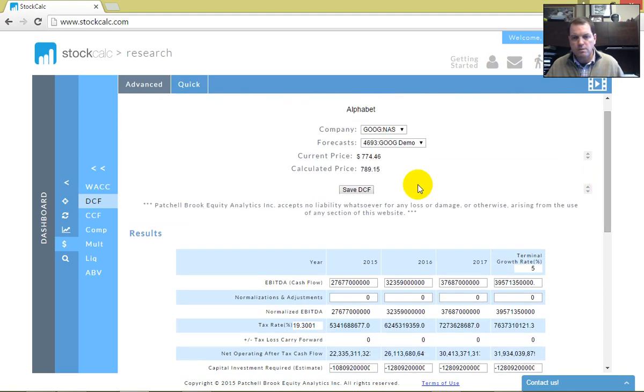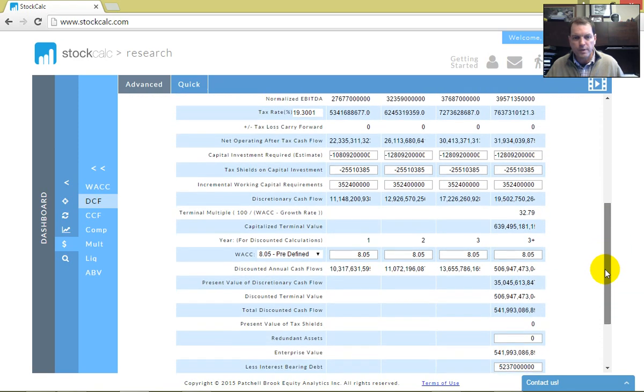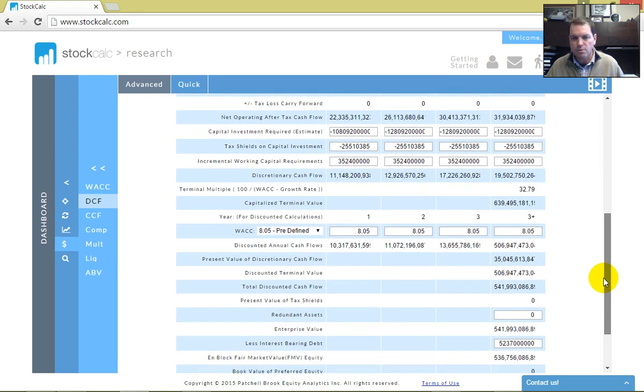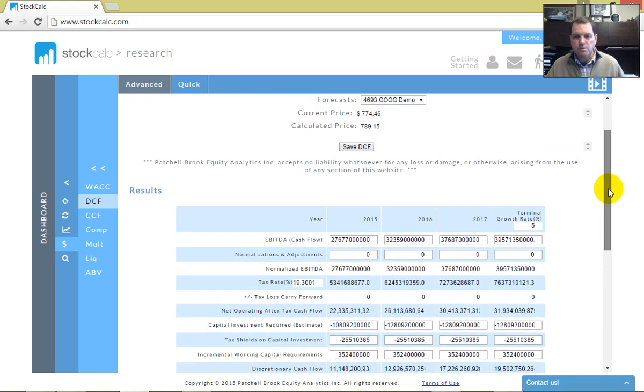So what the tool allows us to do is very quickly look at the impact of these different components to see how sensitive the company is to the growth rates, to the cost of capital, and so forth. Now, one thing you may look at and say, okay, I know that there's an analyst consensus of $831 a share, so why would I even bother doing this? Well, two reasons.